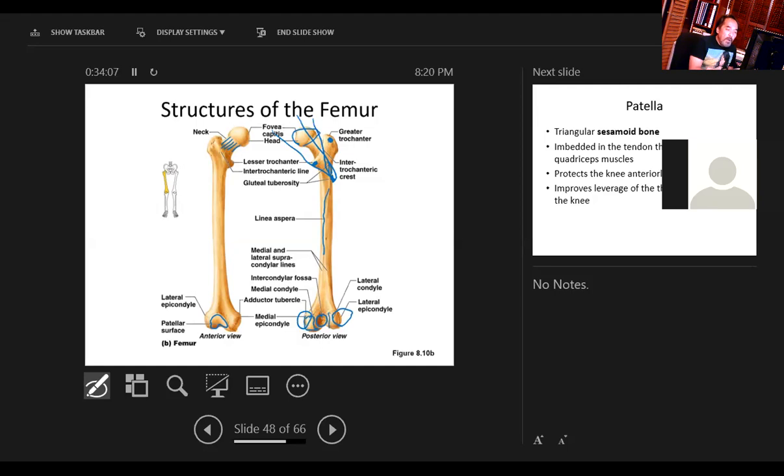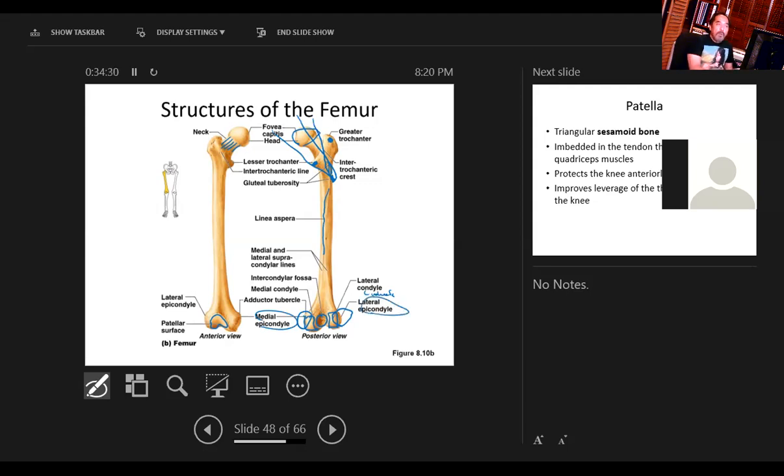So whenever you hear the word condyle, that means wheels. So I've got a lateral condyle, the wheel on the lateral side, and a medial condyle, the wheel on the medial side. And the bump on the medial side of the distal end is the medial epicondyle, and on the lateral distal end, the lateral epicondyle.